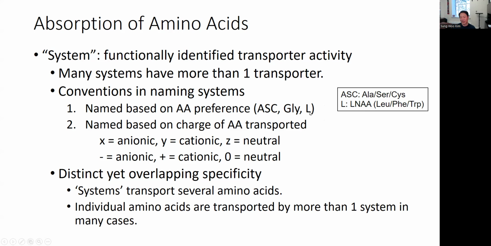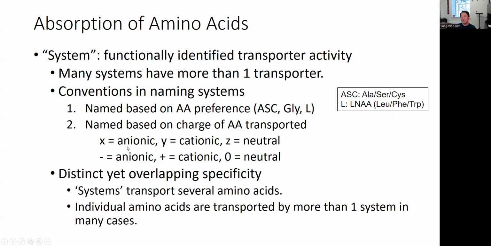So that's how we can find out what amino acid will be transported by which system. Often the name of a system has an additional letter like X, Y, Z, or minus, positive, plus, or zero.